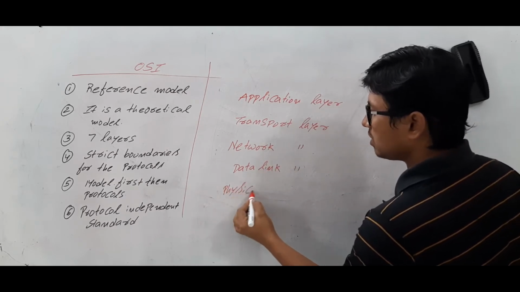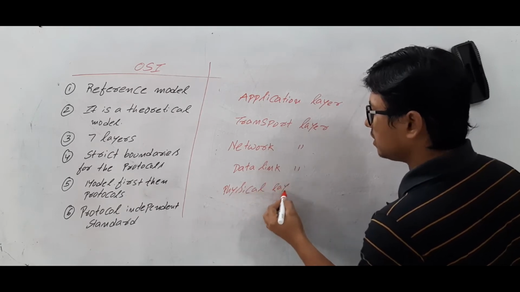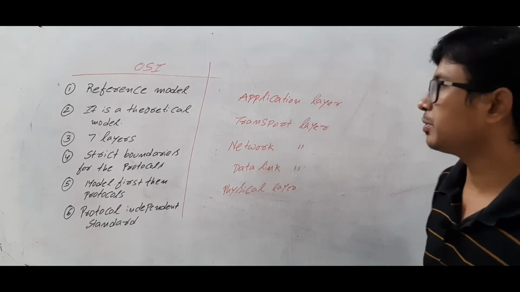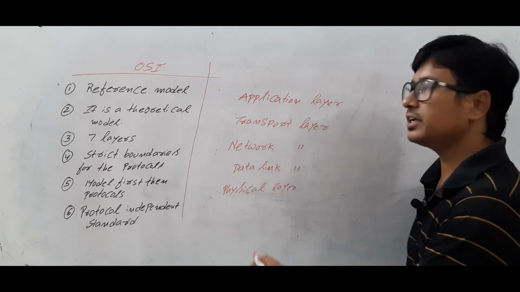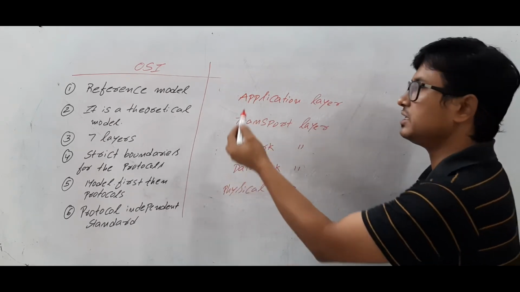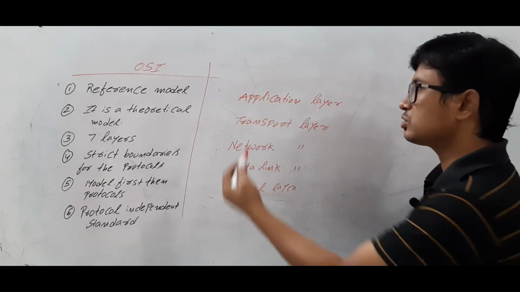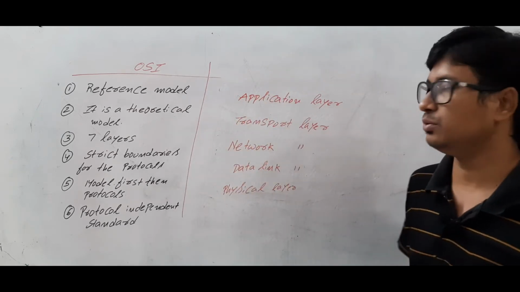If you want the OSI model, the application layer can be segregated into application, presentation and session, so totally you will have 7 layers in the OSI model.